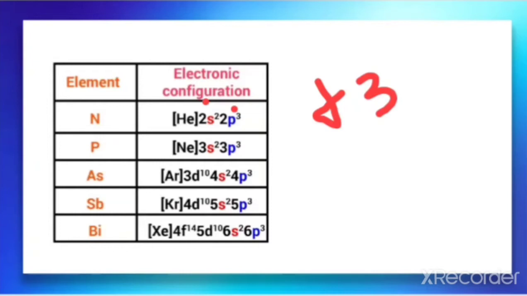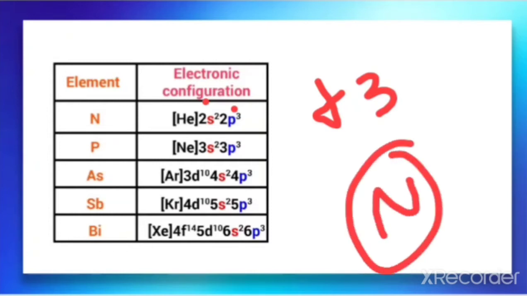However, nitrogen, being the smallest and most electronegative element of this group, forms the nitride ion. So it shows the oxidation state -3 in nitrides of some highly electropositive metals such as magnesium, calcium, etc.